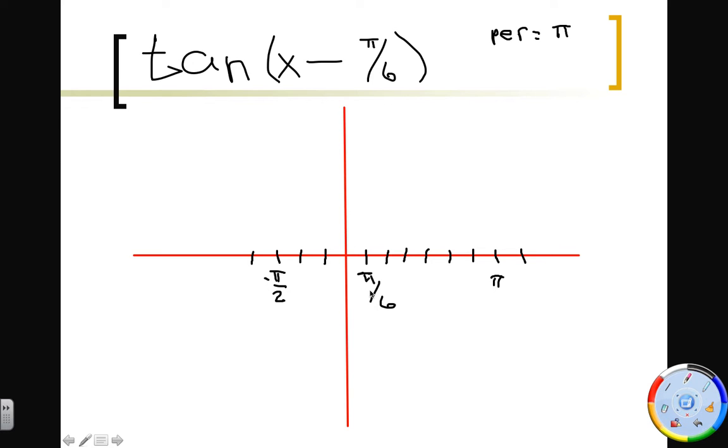Where do things get shifted for tangent? Well, here's where I just go back to the standard function, the base function, the parent function. Normally, we have an asymptote at negative pi halves. But that asymptote has to be shifted to the right pi sixths units. So my new asymptote is pi 6 to the right.